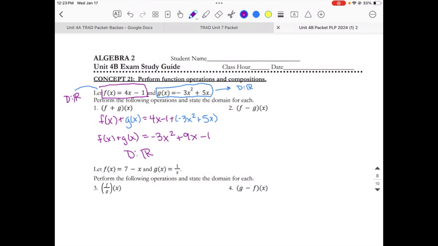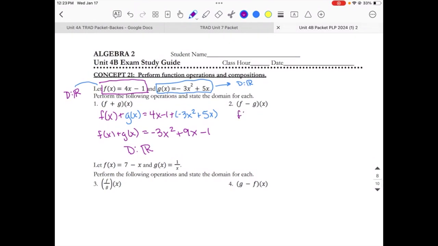F minus g of x, again, I prefer to look at it as f of x minus g of x. The biggest deal here is to make sure that you distribute your negative through into the g of x function. So we've got 4x minus 1 minus the whole function of g of x, which is negative 3x squared plus 5x.